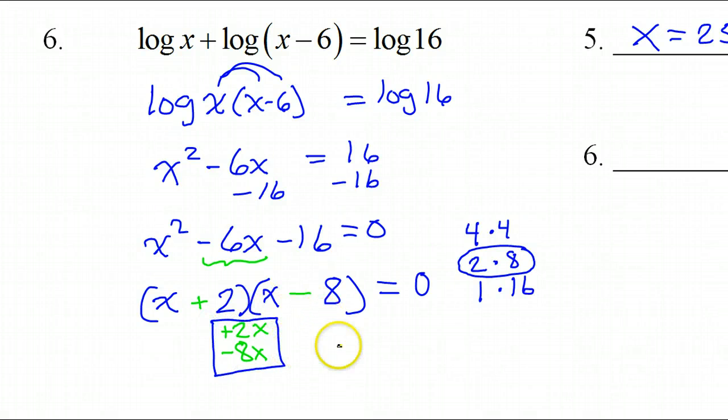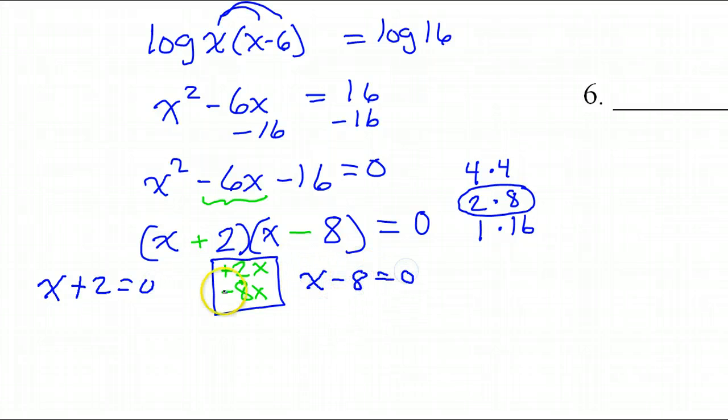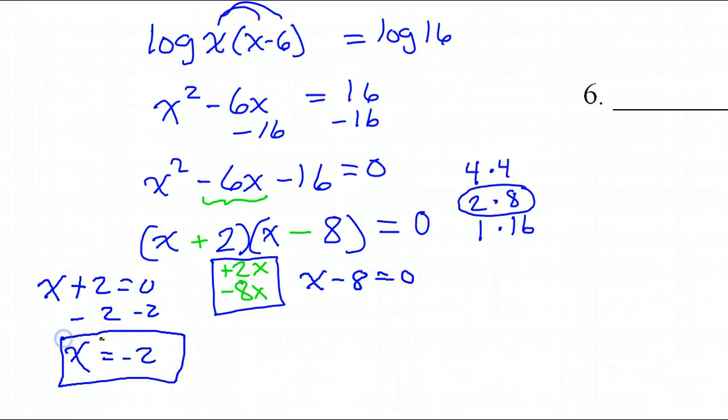I keep going to find x. I'm going to set these two equal to 0. So I will do x plus 2 equals 0, and x minus 8 equals 0. Here you would subtract 2, and you've got x equals -2. Here you would add 8. So you've got x equals 8.